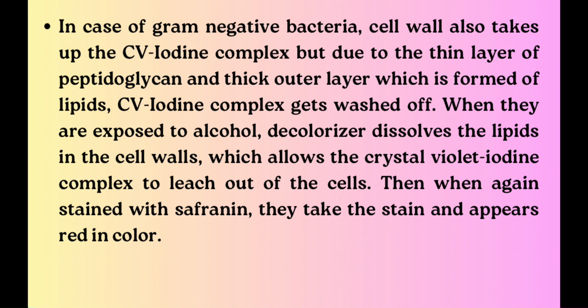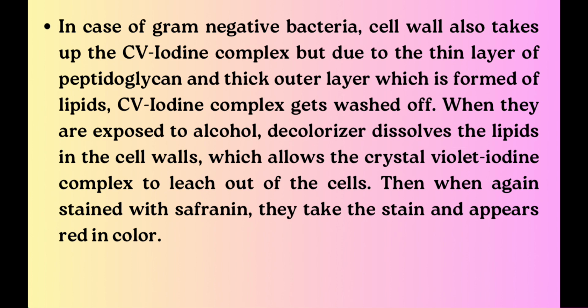The gram-negative bacterial cell wall also takes up the crystal violet iodine complex. But due to the thin layer of peptidoglycan and thick outer layer which is formed of lipids, the crystal violet iodine complex gets washed off. As we know, the decolorizer acts as a lipid solvent in gram-negative bacteria.